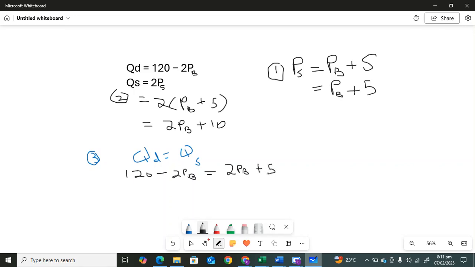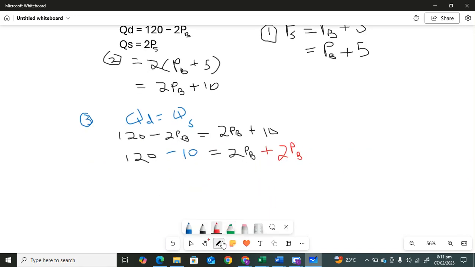So it's a matter of algebra here, like terms together. The 10 comes over the equal sign, it becomes minus 10. 120 minus 10 equals the 2PB that crosses over the equal sign and becomes plus 2PB. 120 minus 10 is 110. 2PB plus 2PB is 4PB.